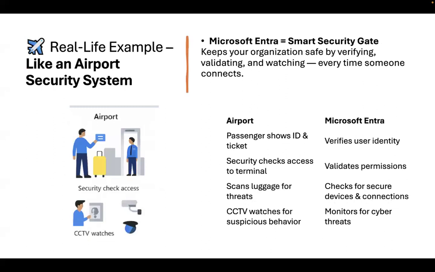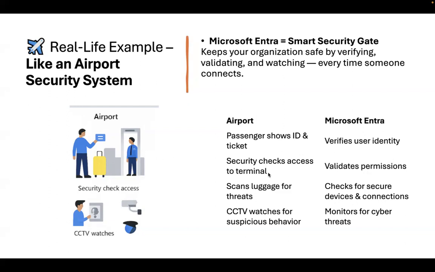In this slide, we are seeing a real life example, like an airport security system. Here, if you see in the diagram, a passenger is trying to board the flight. As soon as he goes to the airport, there will be a security check. The security will check the ID card and the ticket, then he will be allowed to the terminal.